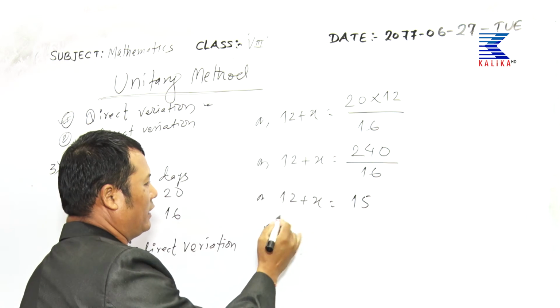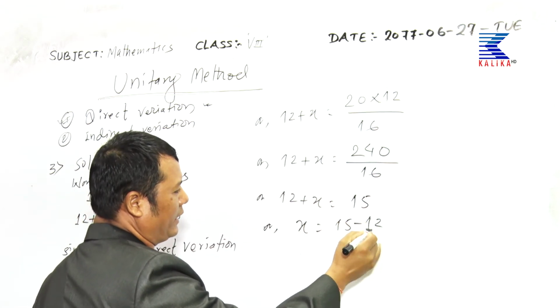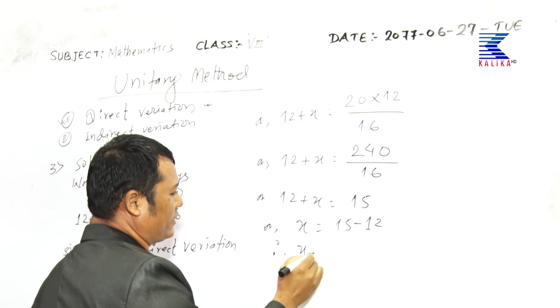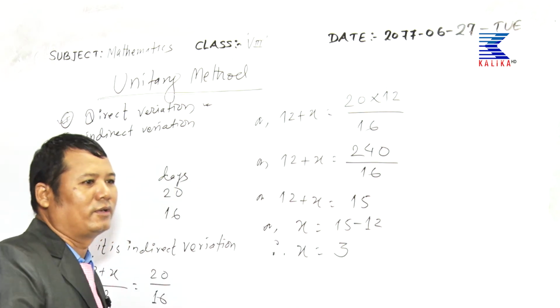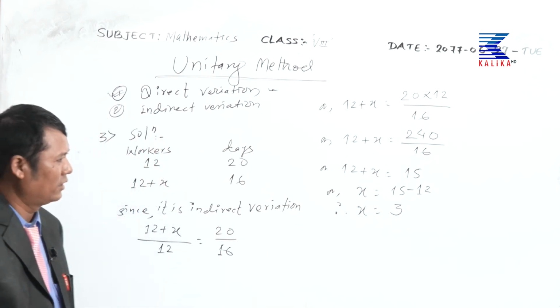Then x is equal to 15 minus 12. Therefore, x is equal to 3 men, 3 workers.